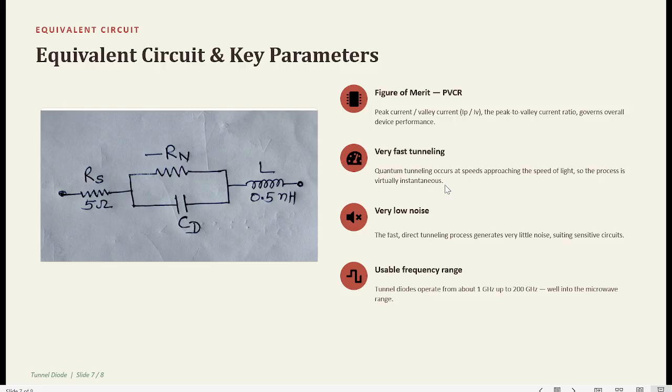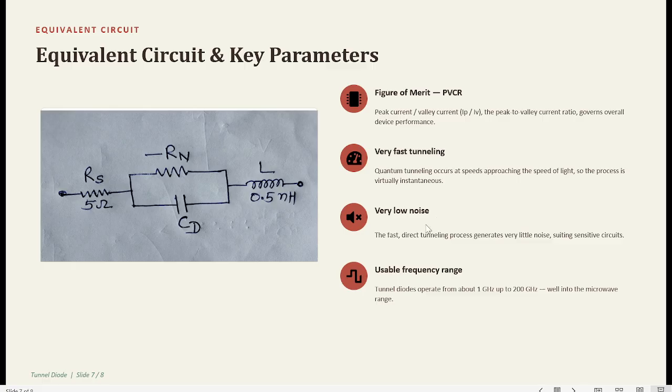Now, because the quantum mechanical tunneling takes place at nearly the speed of light, the process is almost instantaneous, and because of that the diode is suitable to be used as an ultra fast switch.